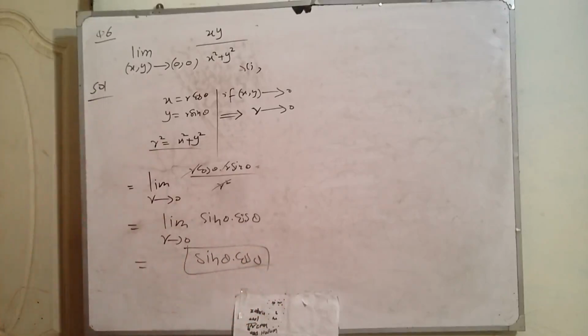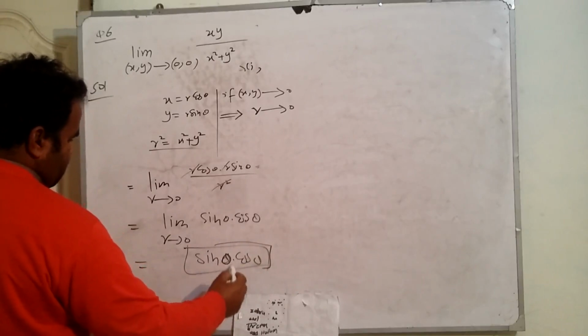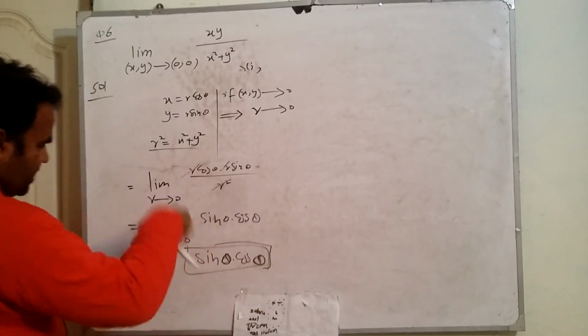If we check this answer, it means that the value is not unique. We find the limit and this limit is not unique because this limit depends on the value of theta. Theta is variable.